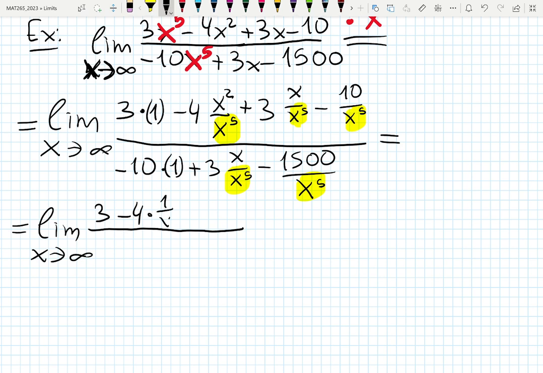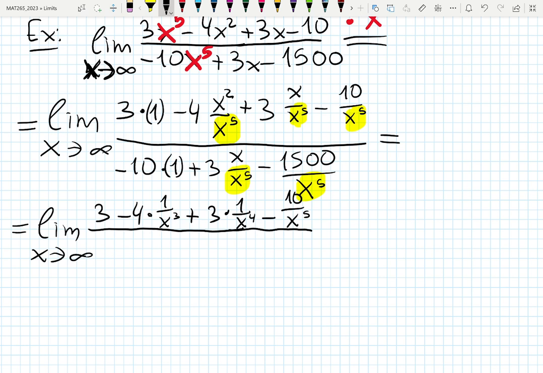That's better, trust me. Plus 3x over x^5 is 3 over x^4. Minus 10 over x^5. Nothing cancels out, it's a constant.